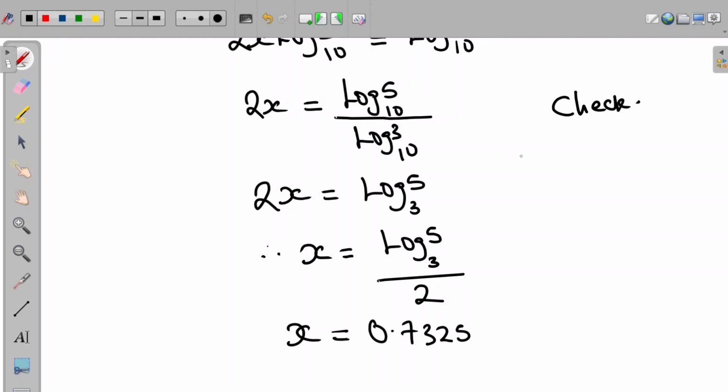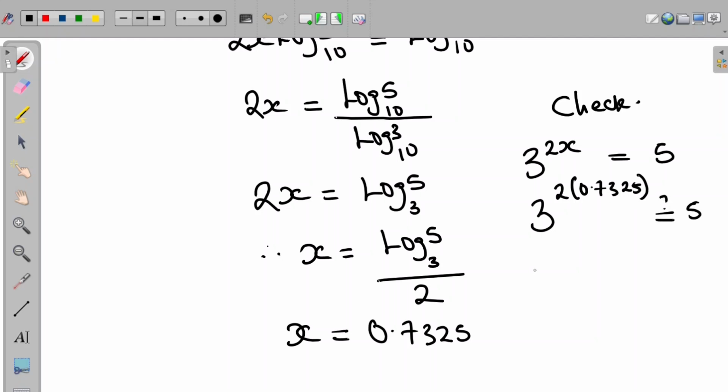We are given that 3 raised to the power of 2x is equal to 5. So the value of x is 0.7324 in 4 decimals. So we have 3 raised to the power of 2 multiplied by 0.7325 is equal to 5.